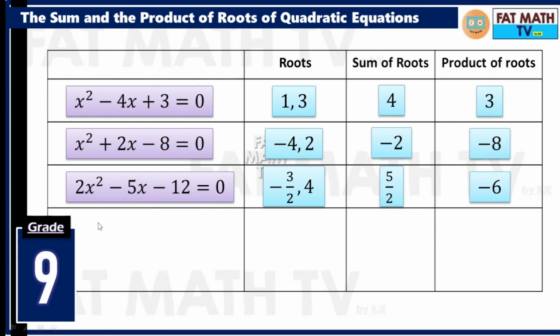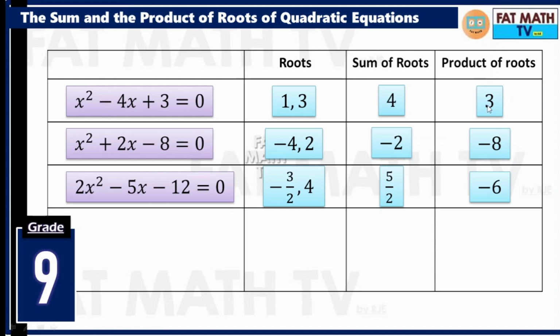That over 2 is coming from the coefficient of x squared. Here the coefficient is 1, and here it's also 1. So you have 4 over 1, that's 4, and negative 2 over 1, that's negative 2. And lastly, for this example, that's negative of negative 5 over 2.